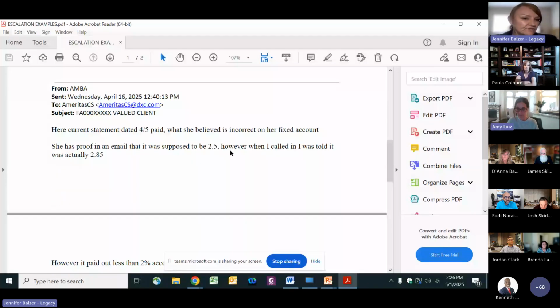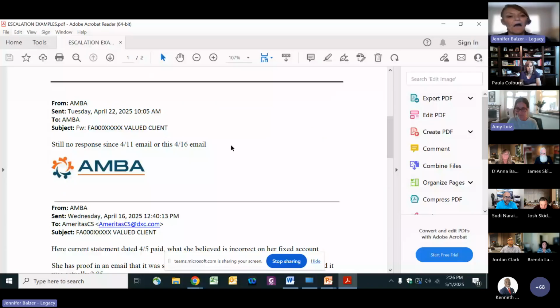And then as of the 22nd, still had not gotten an email, and previously had sent an email on the 11th. And so that email was actually escalated to Legacy by Joe. And that would be the proper thing to do. We're feeling like we're outside the turnaround time. We're not getting a response. It is a little bit time sensitive. And so this is a good example of what should be escalated.